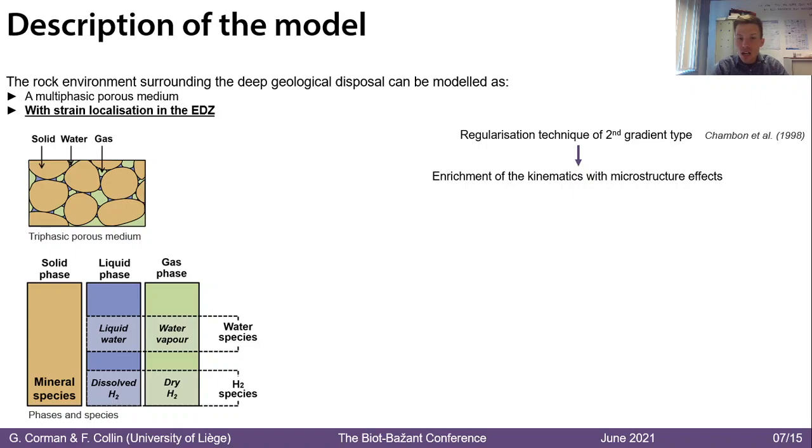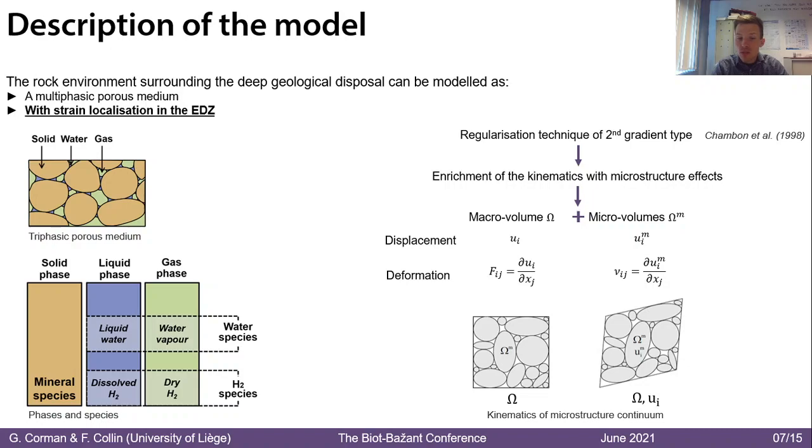And this technique proposes to enrich the kinematics of the continuum medium with the microscopic effects. So basically, this means that the macroscopic medium includes smaller particles at the microscopic scale, thus defining fields of displacement and microscopic deformation in addition to the general description at the macroscopic scale.